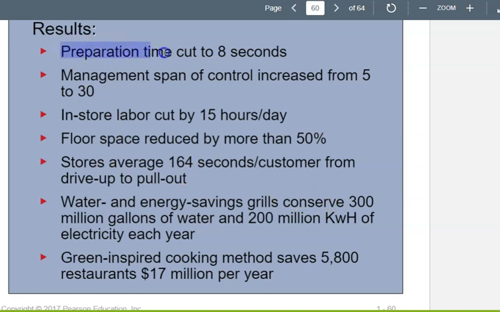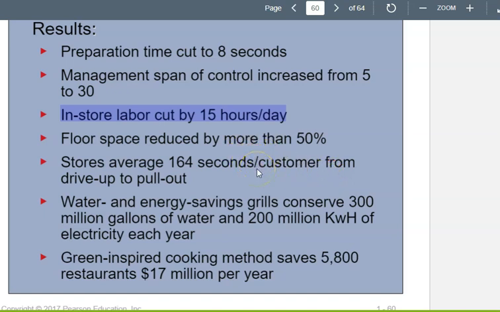Results: preparation time cut to 8 seconds. Management span of control increased from 5 to 30. Nacho fries are back. Yeah, okay. In-store labor cut. I haven't eaten out for almost a year. I used to eat outside every day, but I haven't.